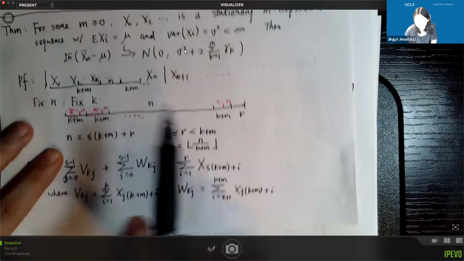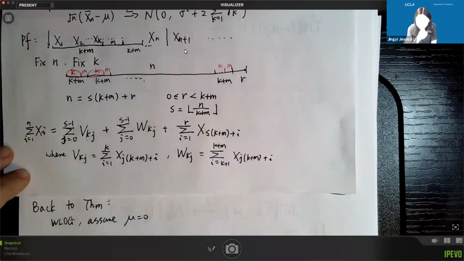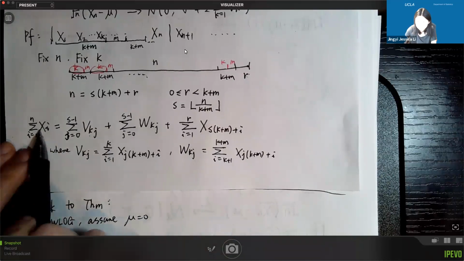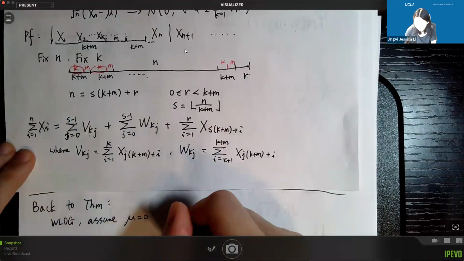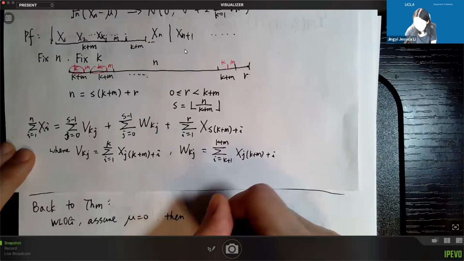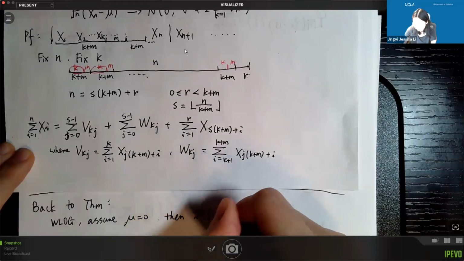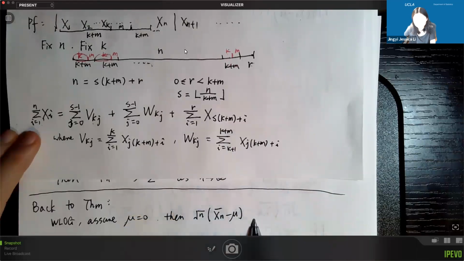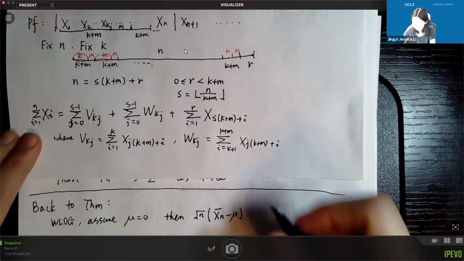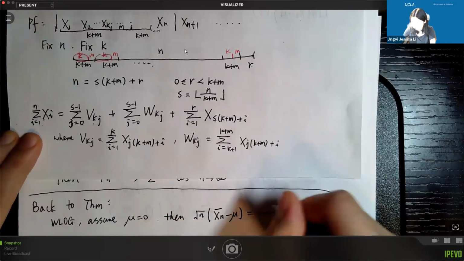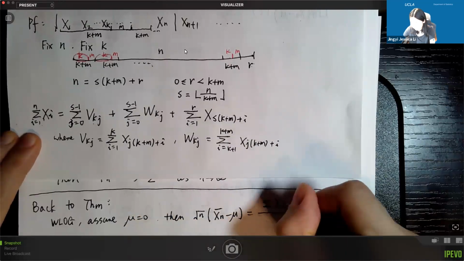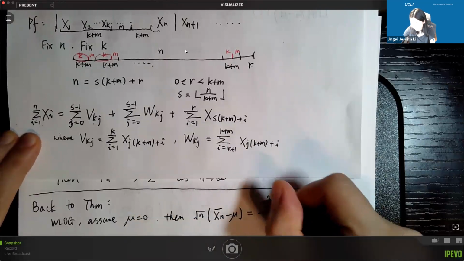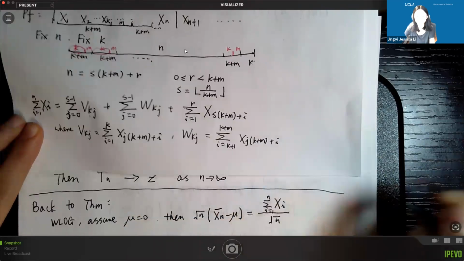So then our target, root n times (X̄_n minus mu), can just be written as the summation of X_i, i from 1 to n, divided by root n.